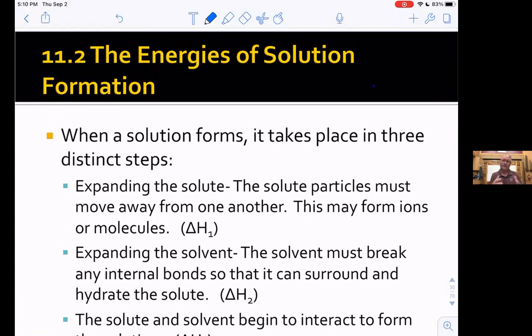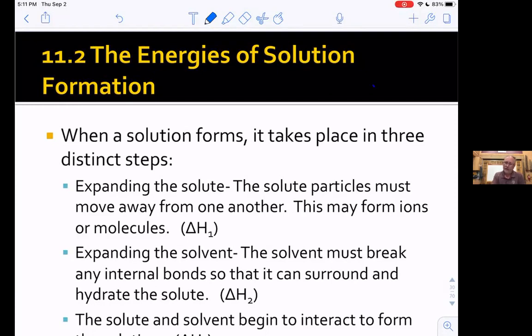And we call that the expanding of the solute and the expanding of the solvent. Doesn't matter which one happens first, but they both have to separate apart from their individual molecules to be able to get between the molecules of the other one, the solvent or the solute. And so there is a certain amount of energy associated with this.